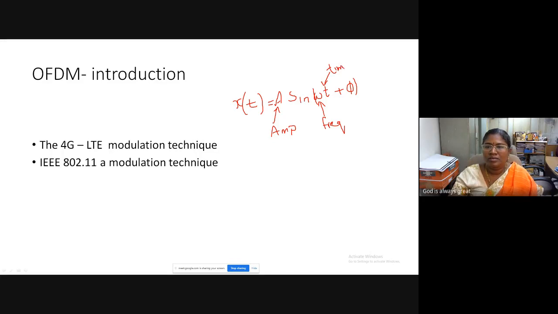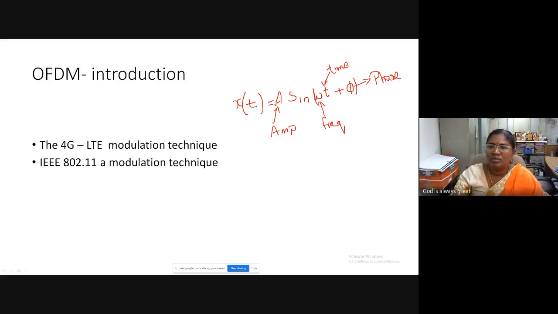Since we have told frequency, we won't talk in terms of phi, because the integral of phi is f. Phi is nothing but phase, so phase and frequency are somewhat related. We won't talk about phase separately, but a change in phase will also convey some data.